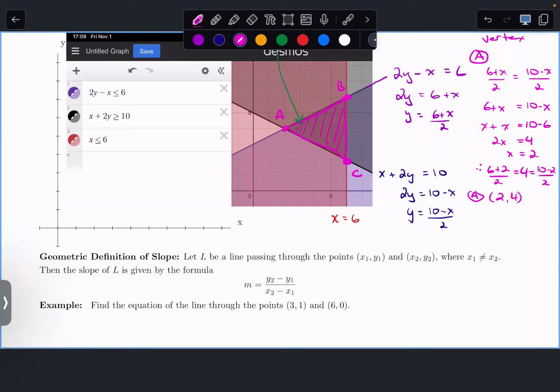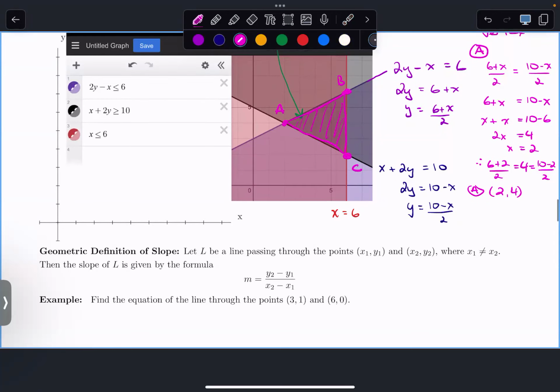Vertices B and C are a lot easier because they are each of these lines intersecting where x is equal to 6. That's nice to have a vertical line here, because then I just plug in x equals 6 and I can solve for y in each of these equations.